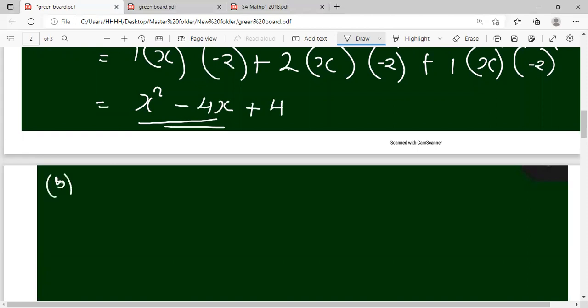Now the second one is B. So we have got (4 − x)^5. So the coefficients I'll use are 1, 5, 10, 10, 5, 1 from my triangle.